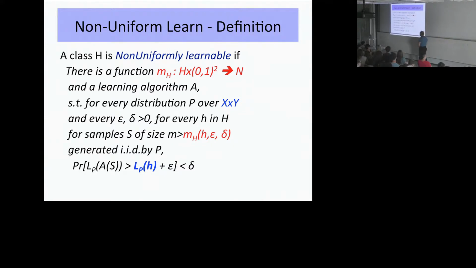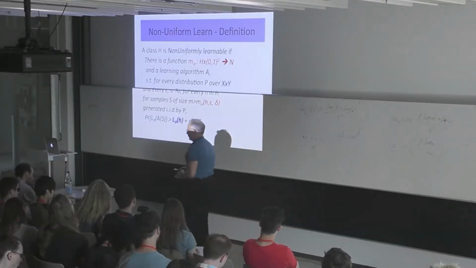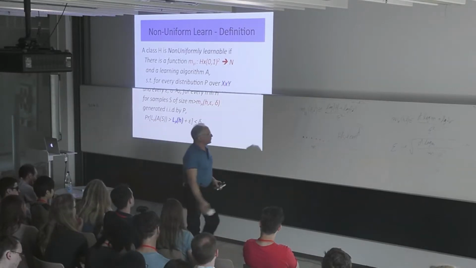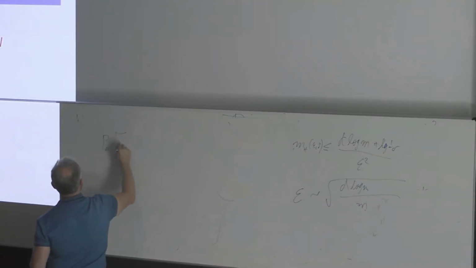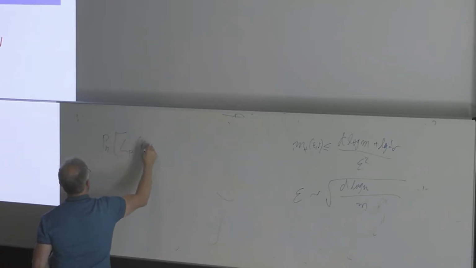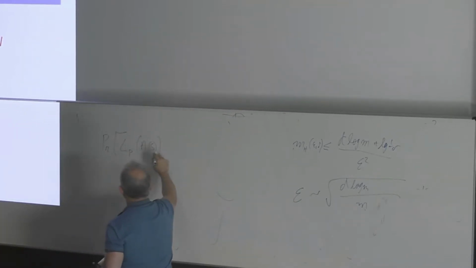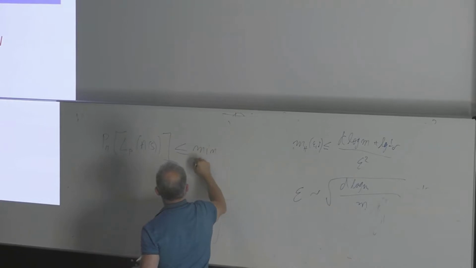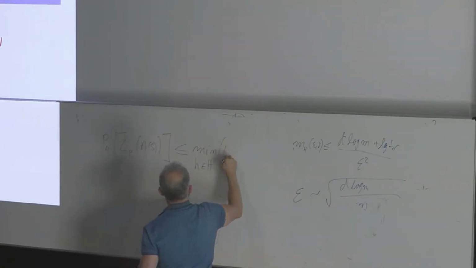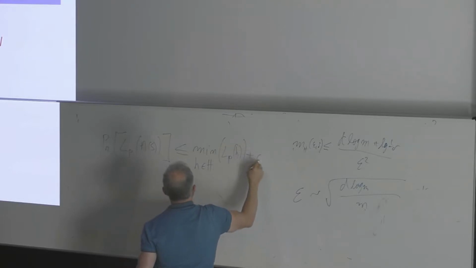So just to compare what we had before, if we looked at agnostic learning, the requirement for successful agnostic learning was that the probability, I'm trying to write it as similar to this as possible, of the true loss of what my algorithm spits out when it has the sample S is at most the minimum over all H in H of L_P of H plus epsilon.